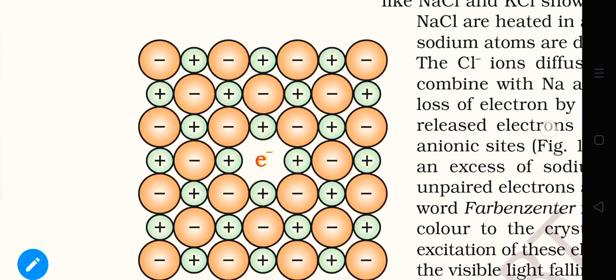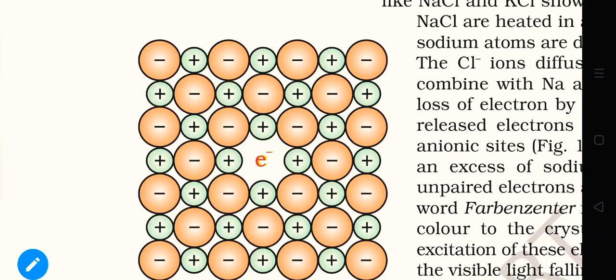Now why are they called color centers? Because these types of vacancies will develop colors in compounds or crystals. If, for example, the compound is NaCl, then this type of defect or anion vacancy will develop a yellowish color. As the number of these defects increases, more yellow color will be observed.